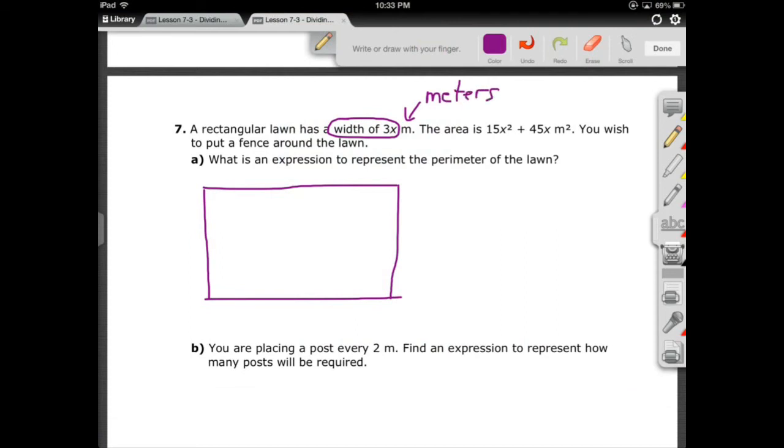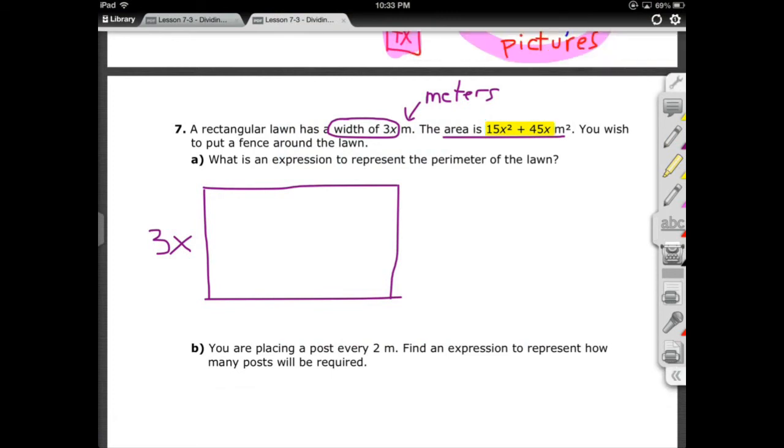Okay, so the width is 3x, and the area, we'll underline the important information, is this expression here, 15x squared plus 45, and again, that's in square meters. Pay attention to the units, because when you see square meters, you know basically that you have the product to multiplication, right?